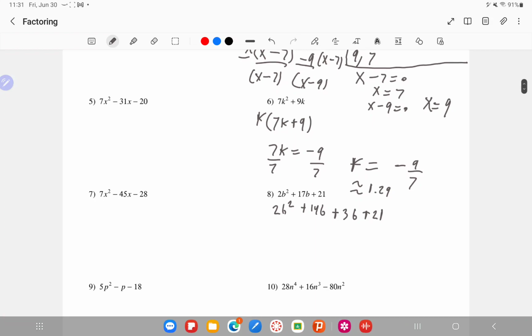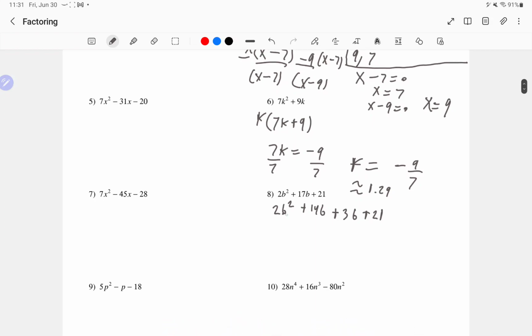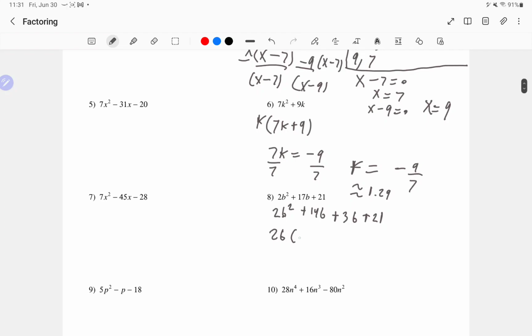Now, essentially, at this point, we just factor it like normal. We do 2b factored out, because actually we're going to do this by 2b because 14, we can get 14 out of there. So let's do this. We do 14, we got b plus 7, right? And now we can actually get this out of here as well, because 7 times 3 is 21.